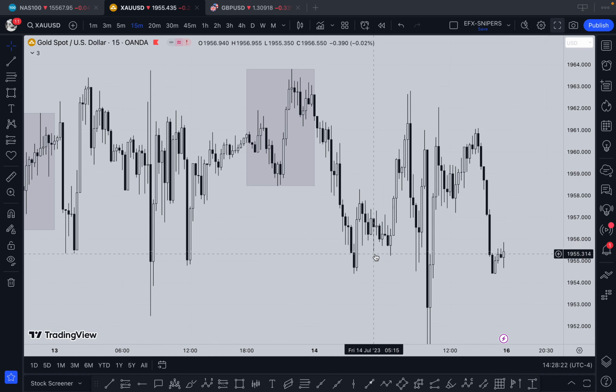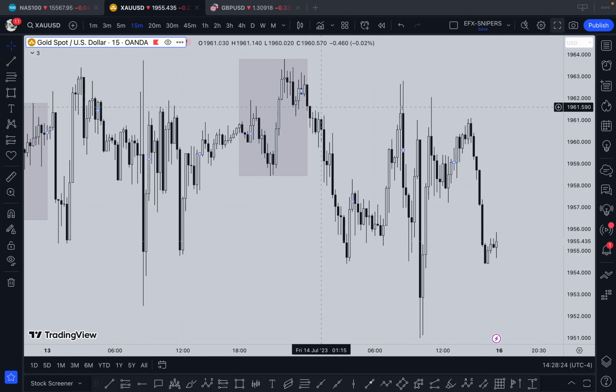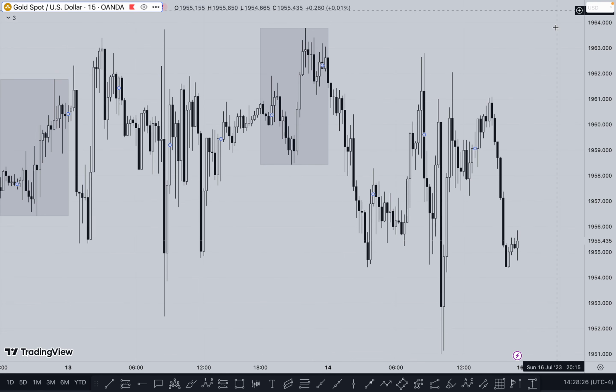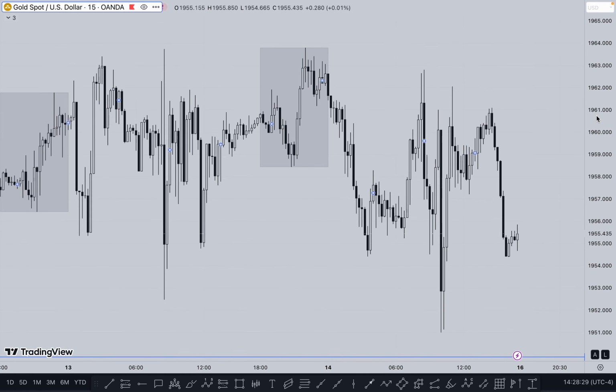So what I would do when I'm trading SMC, the first thing I'm going to look at is where did the market react? So I'm going to check what is the last point. Where is that strong high? The strong high is this one.